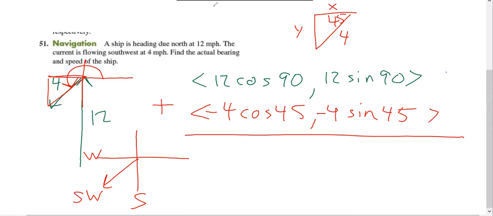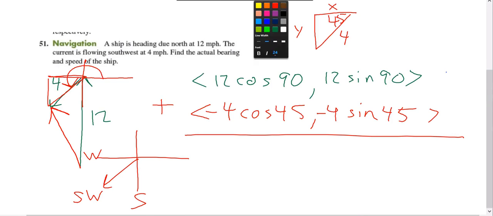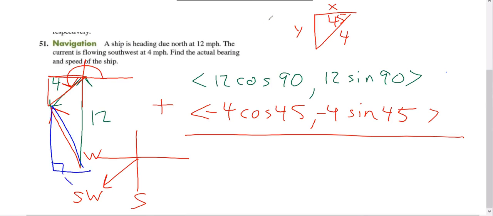So you would need to add these vectors together, okay? And then what you'll end up doing is you'll find the last part of this, which is that blue triangle X, Y. And then the bearing is going to be this angle that comes all the way around here.